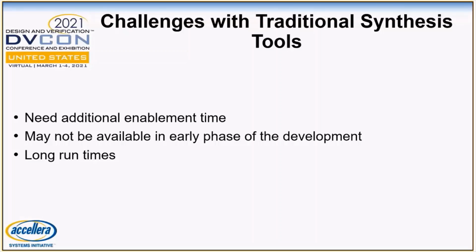Also, these tools tend to have long run times. This can significantly increase the length of the POC phase and result in schedule slip. In addition to this, their long run time makes traditional synthesis tools less attractive and unrealistic for implementing gatekeeper checks to catch the RTL submission with non-synthesizable constructs.